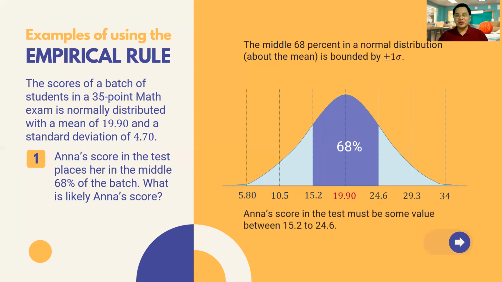Therefore, the simple answer to this question is Anna's score in the test must be some value between 15.2 to 24.6 because these values cover the middle 68% of the batch.